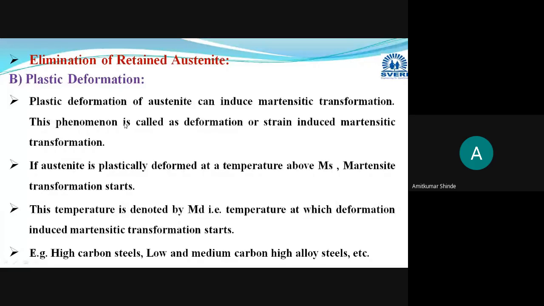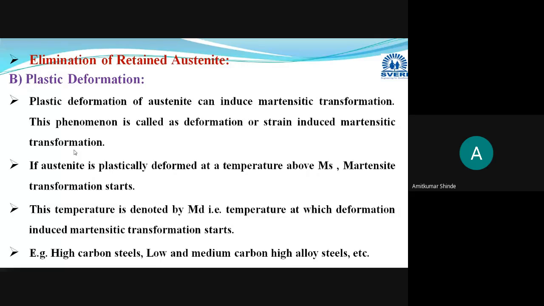The plastic deformation of the austenite is conducted, and due to this plastic deformation, whichever retained austenite is there will get transformed to martensite. This transformation phenomenon is termed strain-induced martensitic transformation or deformation-induced martensitic transformation.